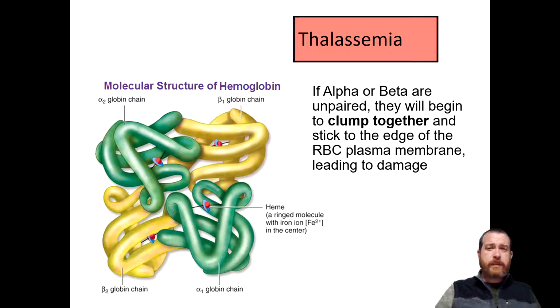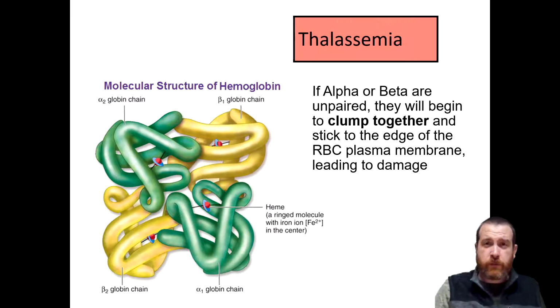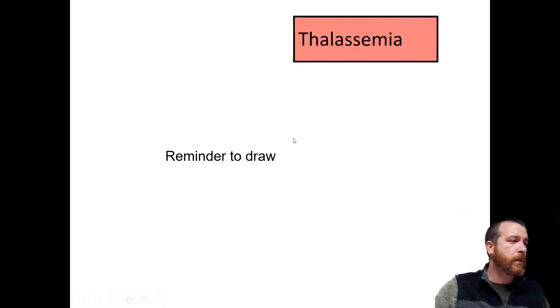But what happens is if you're making way too much alpha or way too much beta globin, all of a sudden there's not really anything for them to stick to, and they just kind of hang out in that red blood cell, eventually precipitating out to the plasma membrane. They fall out of solution, and then as they precipitate, they irritate that plasma membrane, damaging it and making it more likely to rupture because we don't have repair structures. Remember, red blood cells don't have a nucleus. So I'm going to have a little drawing on this.